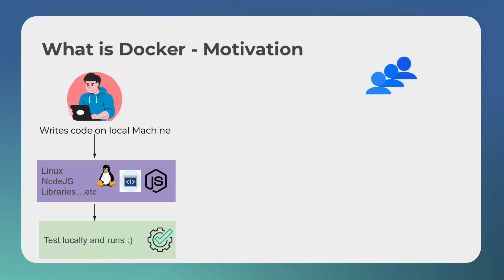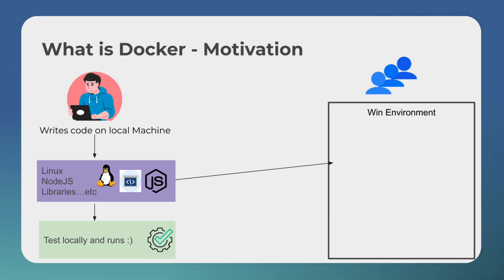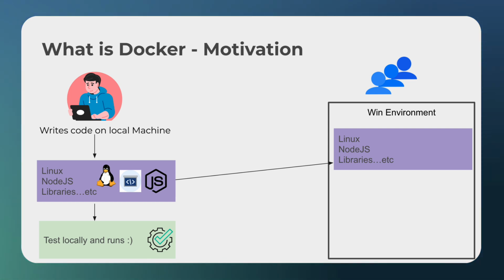Now, when this developer pushes this code to, let's say, testers who have the Windows environment running on their machines to test this code, what would happen is the code is going to be sent, of course, with the whole environment, let's say Linux, Node.js, libraries, etc. Everything that allows this application to actually work is going to be packaged up and sent out, right?